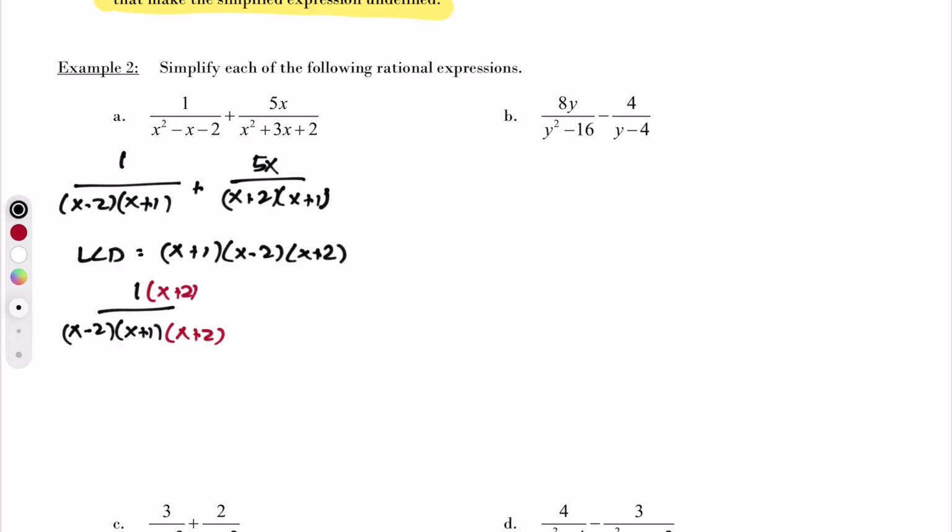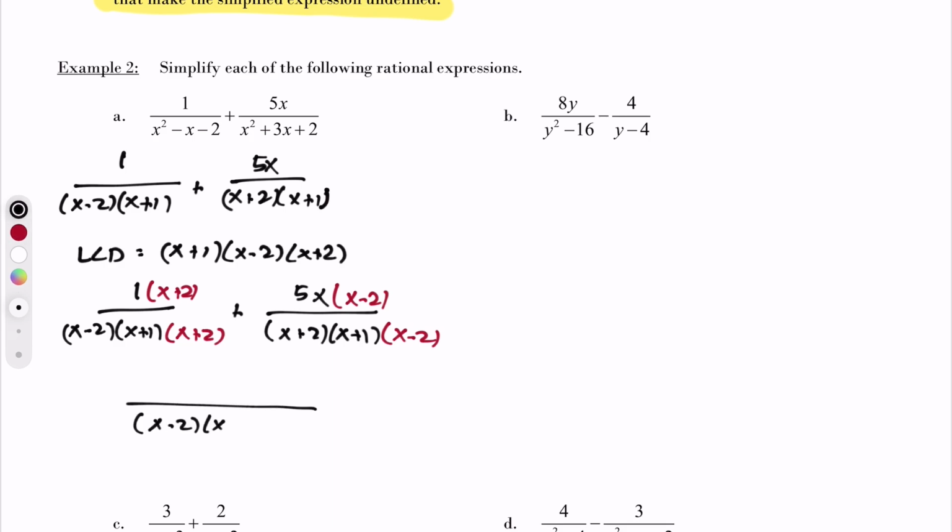And then plus 5x over, well, this already has the x plus 2 and the x plus 1. It's missing the x minus 2. And now we'll just do the work. This is all over (x minus 2)(x plus 1)(x plus 2).